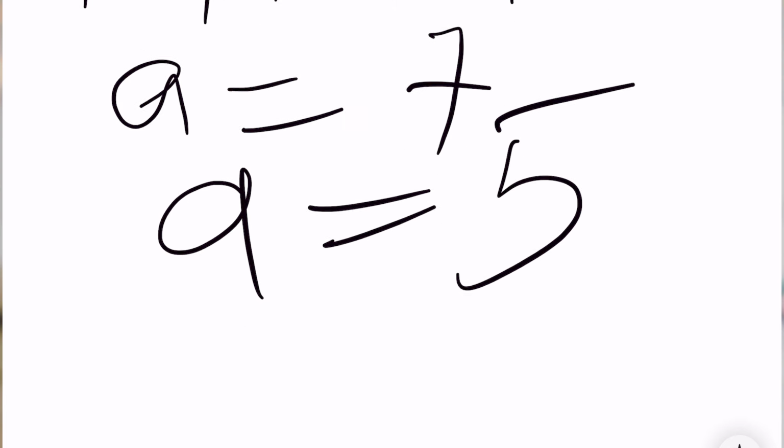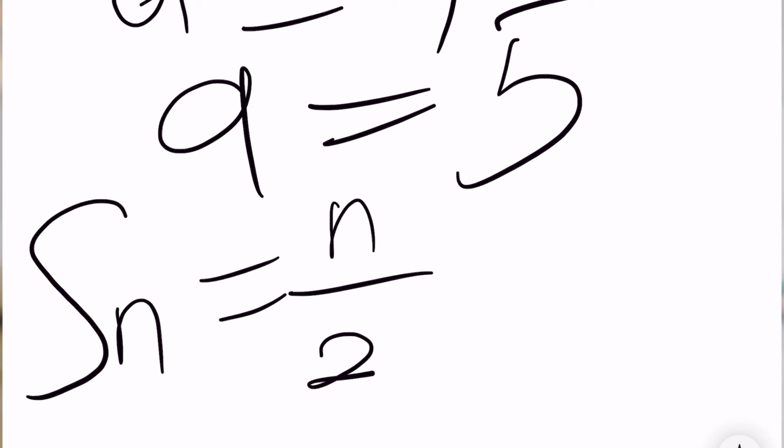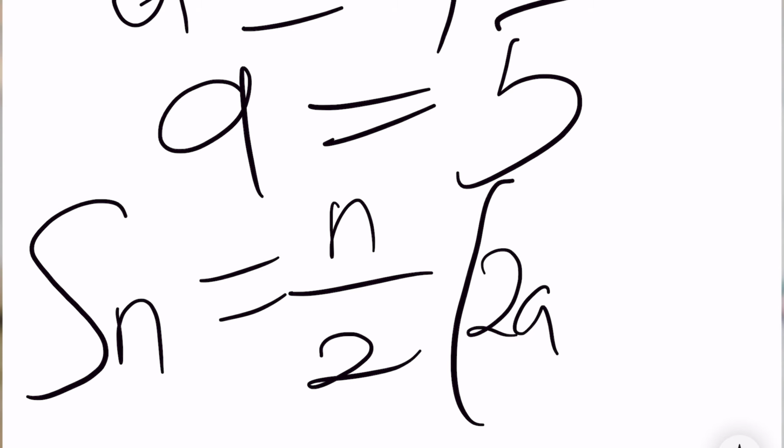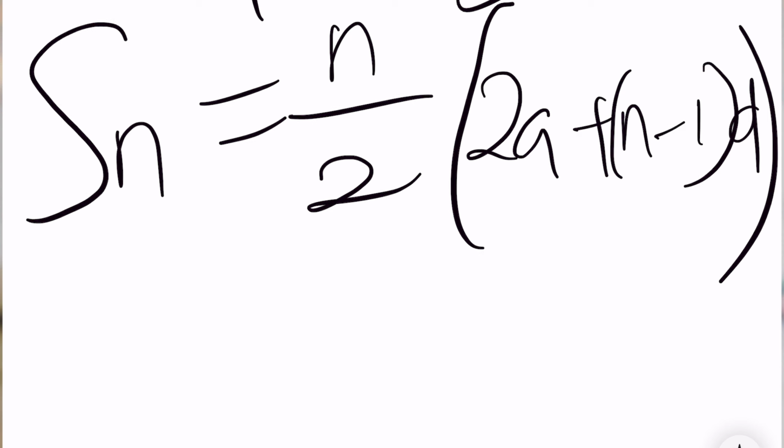And we said our formula is Sn equals n over 2 into brackets 2a plus (n minus 1)d. Now, we have to look for the sum of the 20 terms, so that means our n is 20.